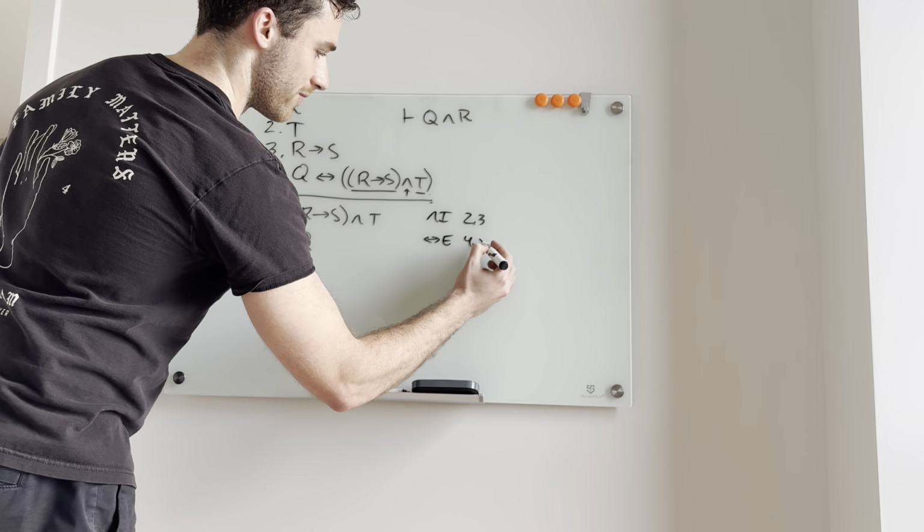This is an example of how those sentences A and B and the rules I gave you can really be anything you want. It can be this long sentence, R arrow S and T, right? It doesn't need to be something short. This whole thing implies Q. So if you can write that whole thing down, you can write Q down as well. So it turns out to be a little bit more straightforward than maybe it looks.